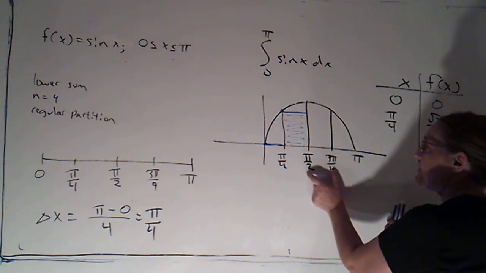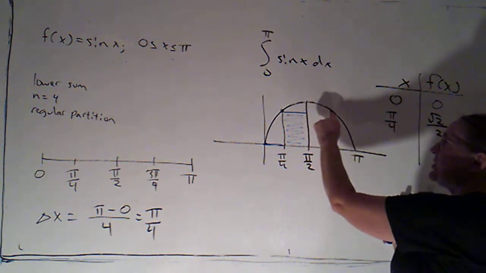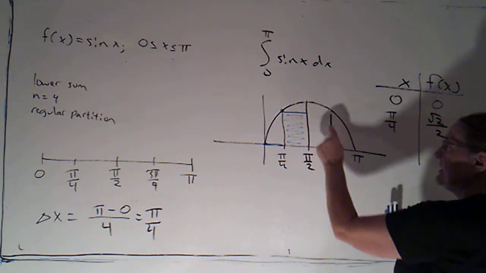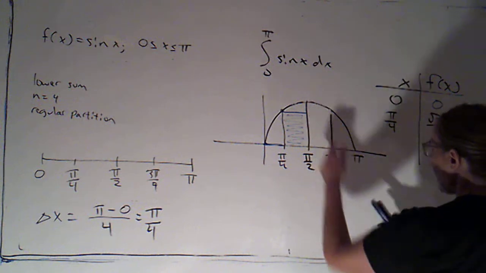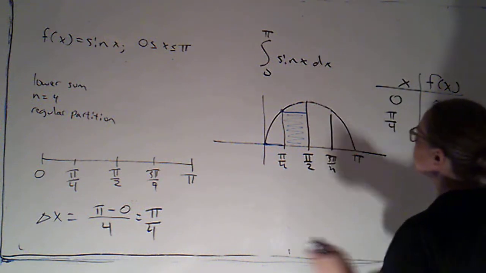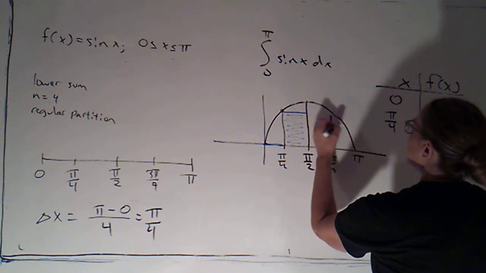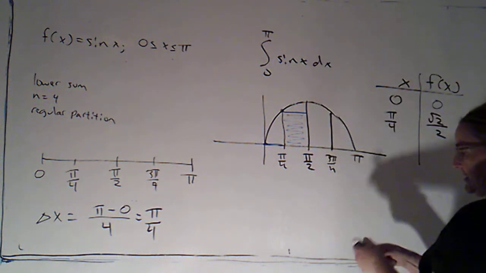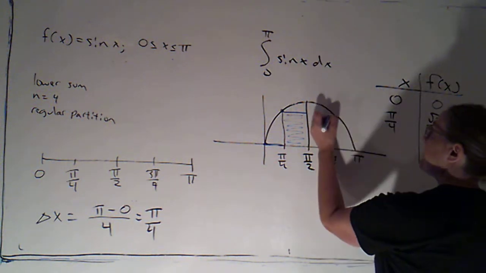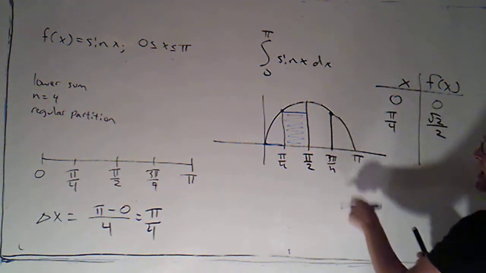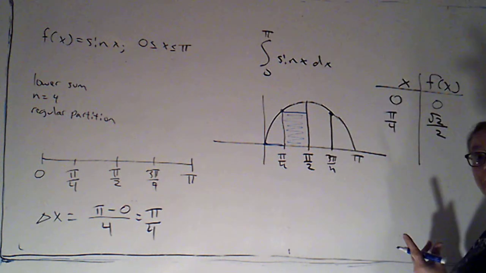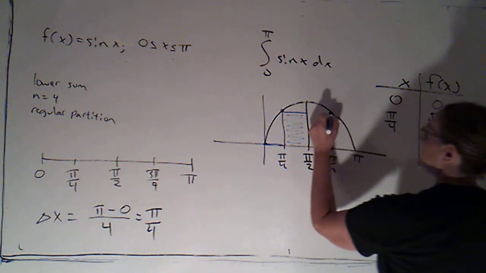Now, from pi over 2 to 3 pi over 4, my function has started to decrease, and so now the smallest value is going to be on the right side of the curve. So my representative x value will become 3 pi over 4. That's the location of the lowest value on this subinterval.